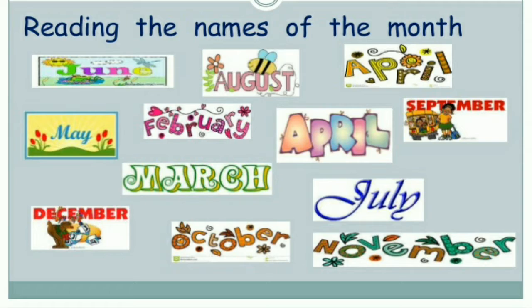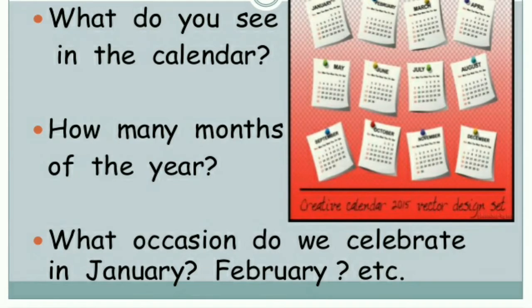Reading the names of the months. Here we can see January, February, March, April, May, June, July, August, September, October, November, and December. And what do you see in the calendar?